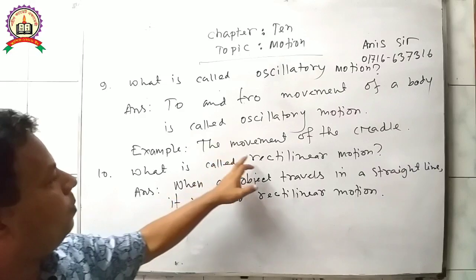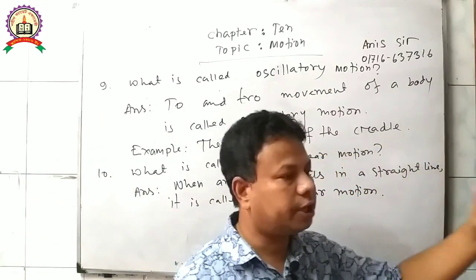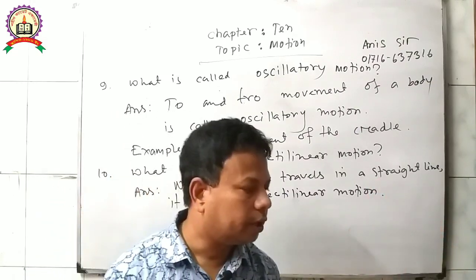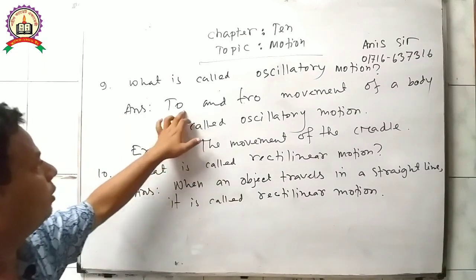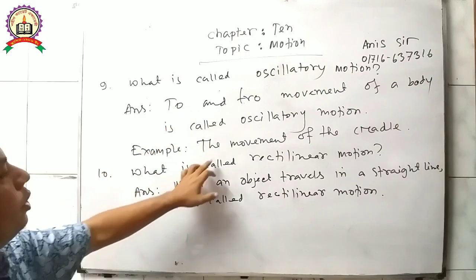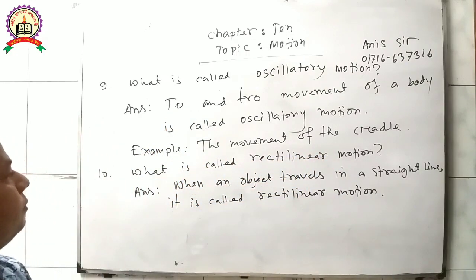Example: the movement of a cradle, because a cradle moves here and there, to and fro, again and again. So the motion of the cradle is oscillatory motion.